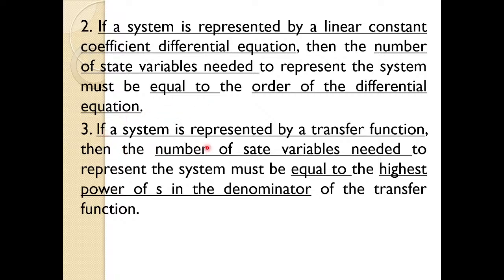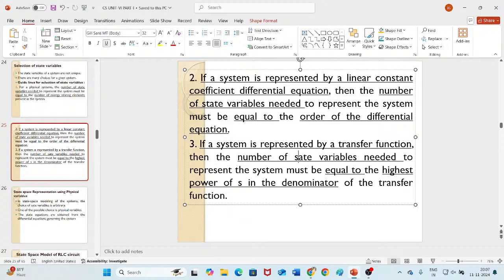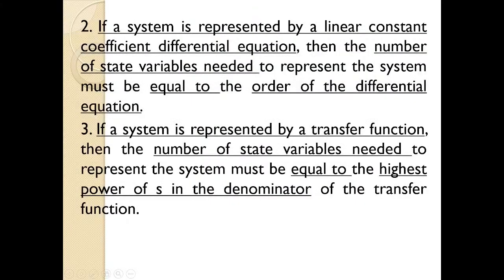And one more guideline is, if a system is represented by a transfer function, then the number of state variables needed to represent the system must be equal to the highest power of s in the denominator of your transfer function.